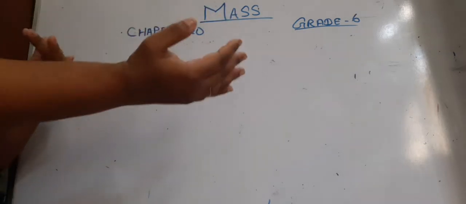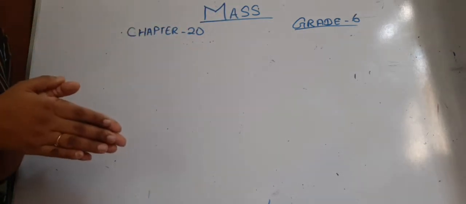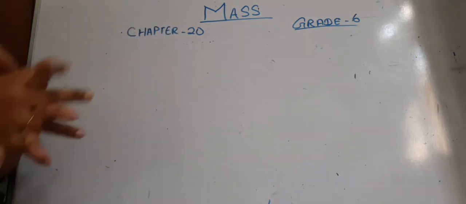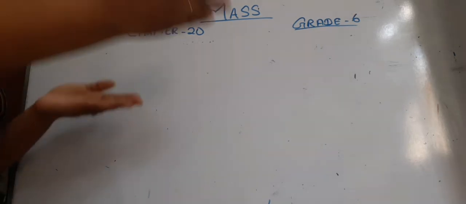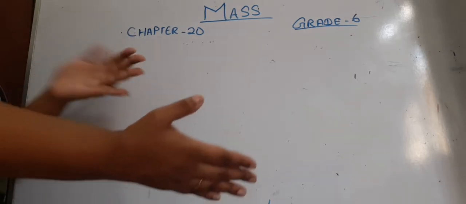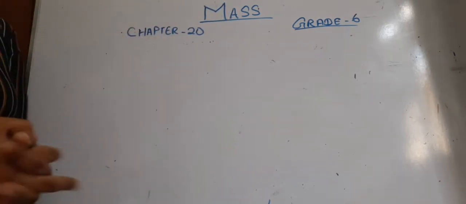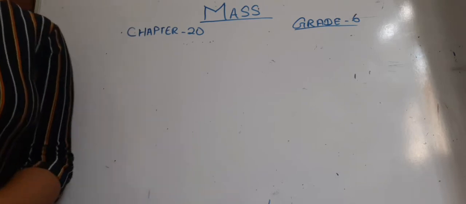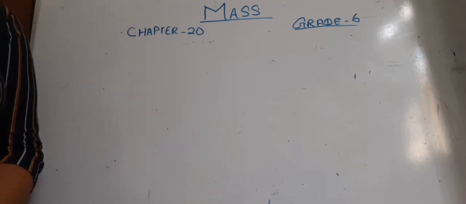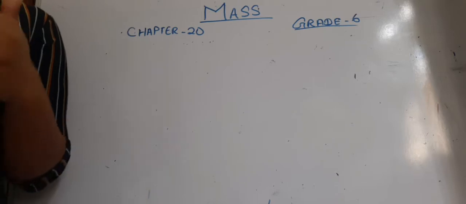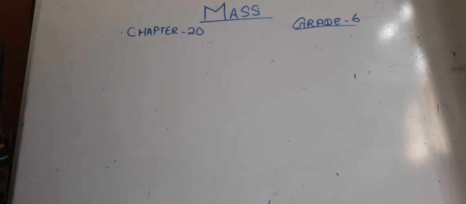If one side goes down and the other comes up, the one going down is heavier than the other object. Those are the instruments we use to measure the weight of the mass.